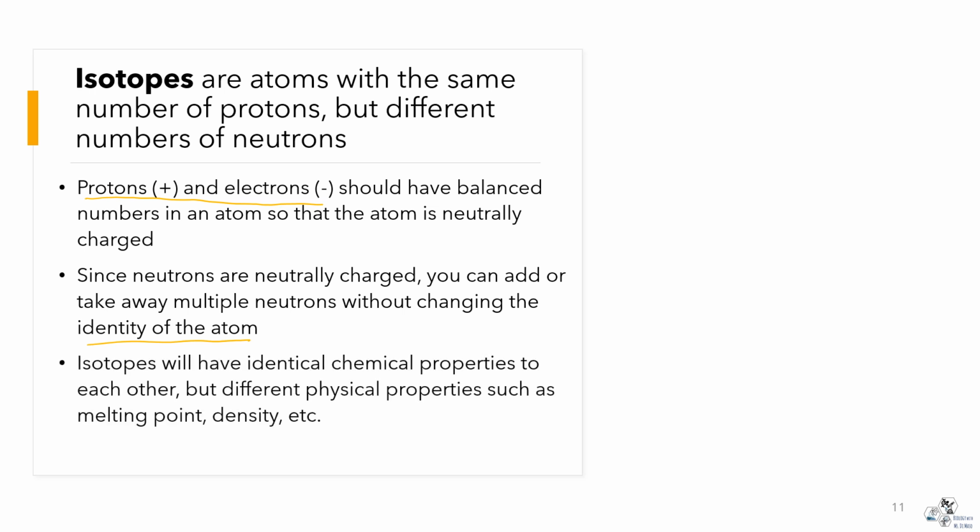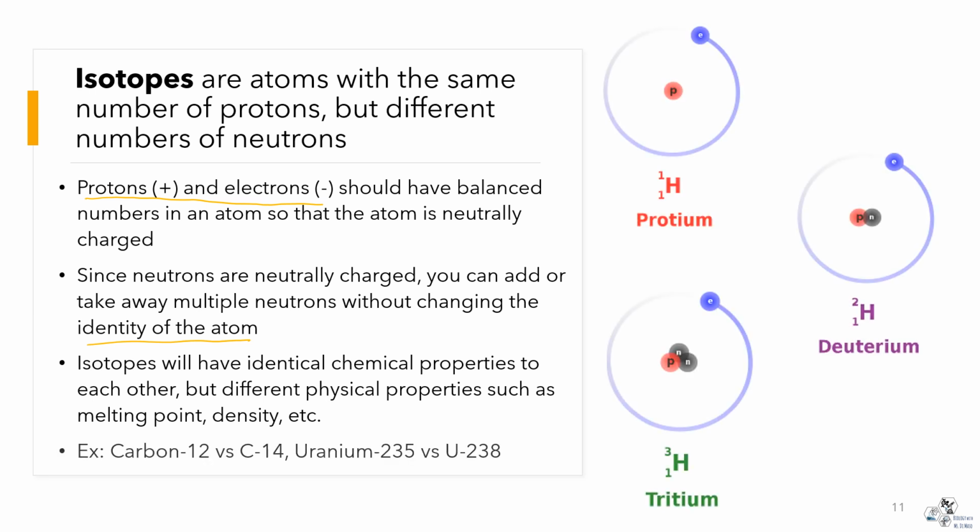So these isotopes have identical chemical properties but different physical properties. Their melting point might be slightly different between the two versions of carbon. Their density might be different, things like that. So here we see an example of a protium atom right here, a protium isotope.